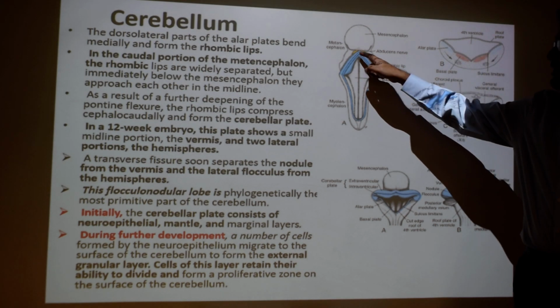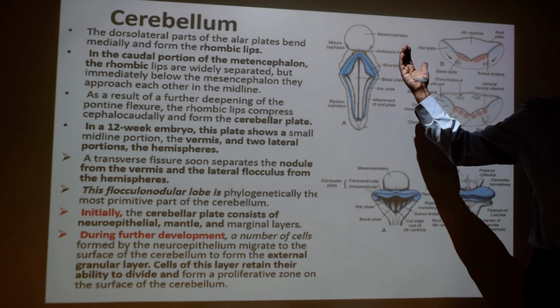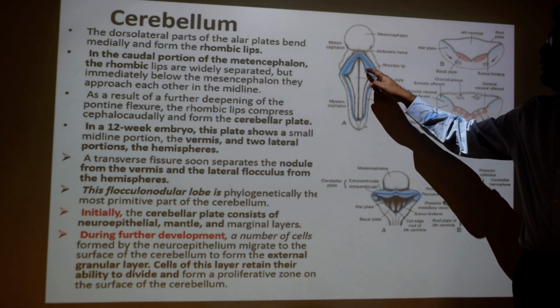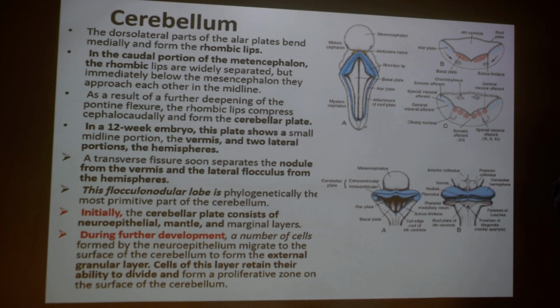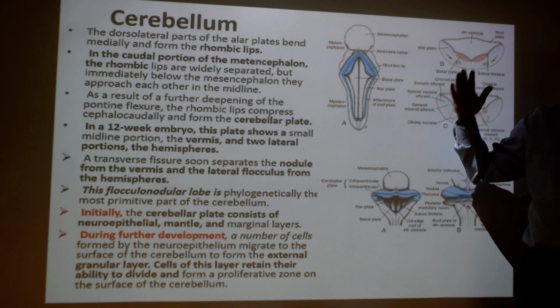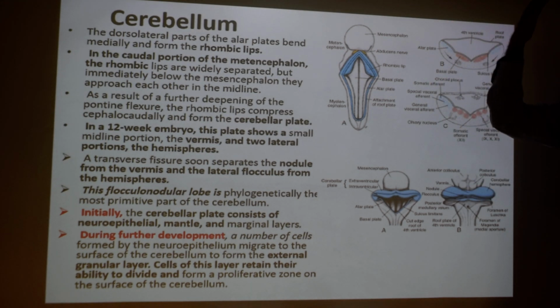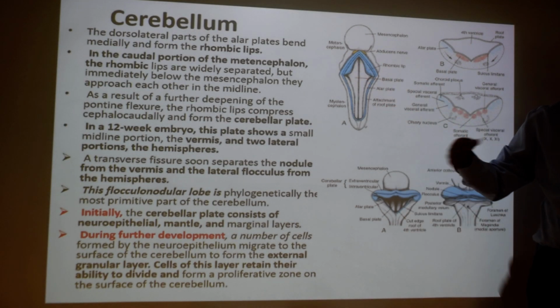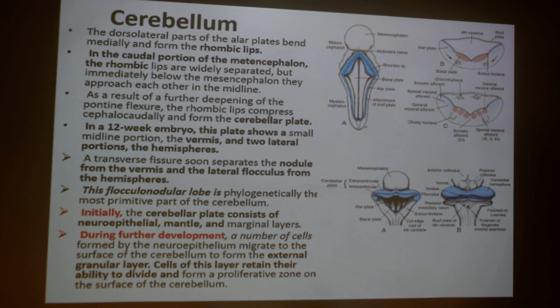These are the alar plates, and laterally these alar plates are going to curl. And as they curl, they are going to form a lip-like structure, which is called the rhombic lip. So the alar plates, you know, they are lying laterally, and as they expand posteriorly, they are going to curl, forming these lips. These are called the rhombic lips.